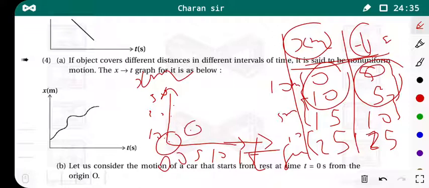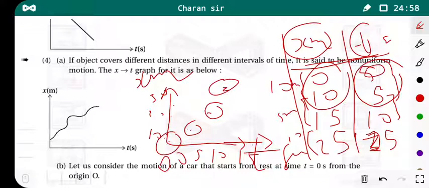Then at 10 minutes our object is at 15 meters, that means in between 10 and 20. Then after 15 minutes our object is at 25. So you can see this is 15 minutes, and our object is here.